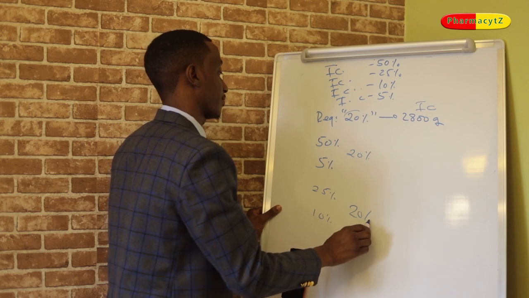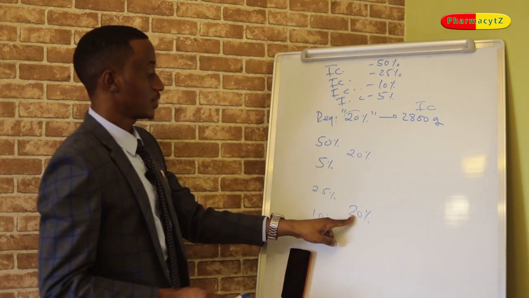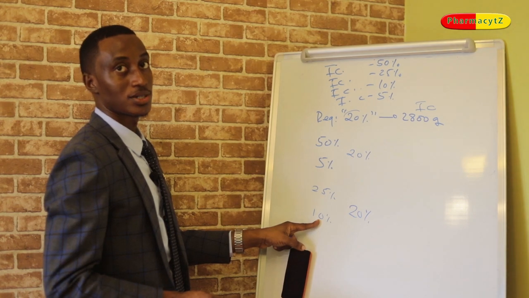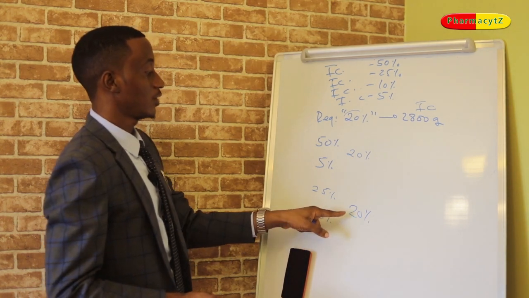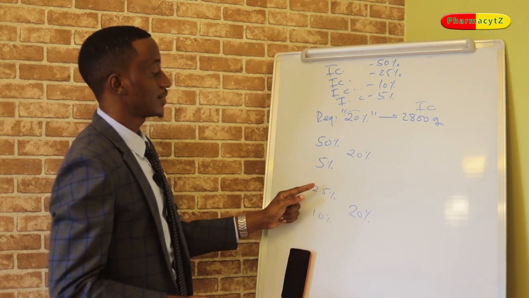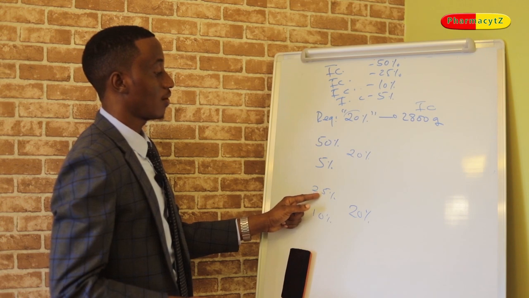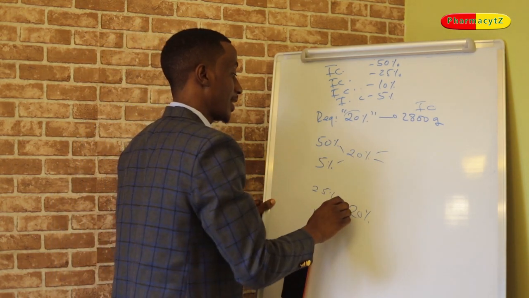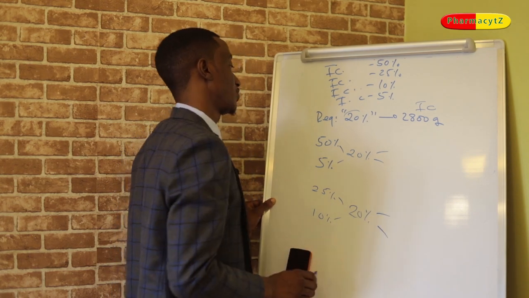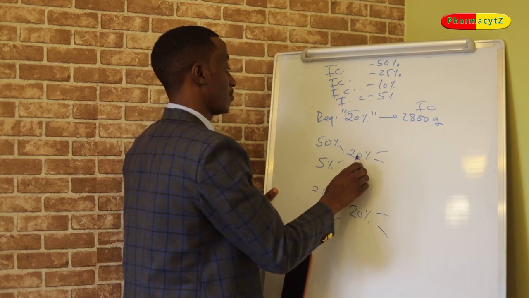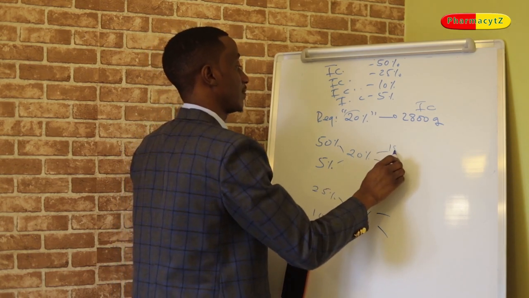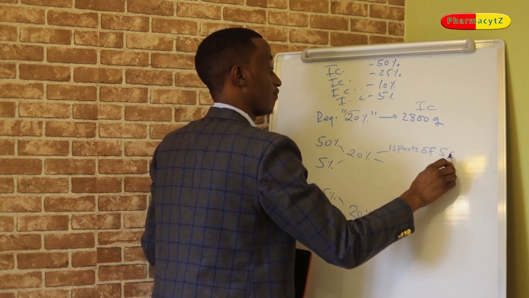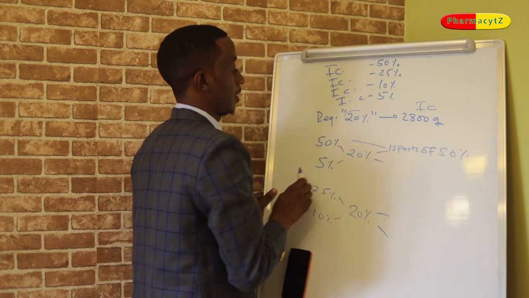So 20%, which is required, is greater than the weakest concentration of the component, and 20% is less than the greatest component here. Thus the answer shall lie in between the required concentrations. So 20 minus 5, this is 15. This is 15 parts of 50%.